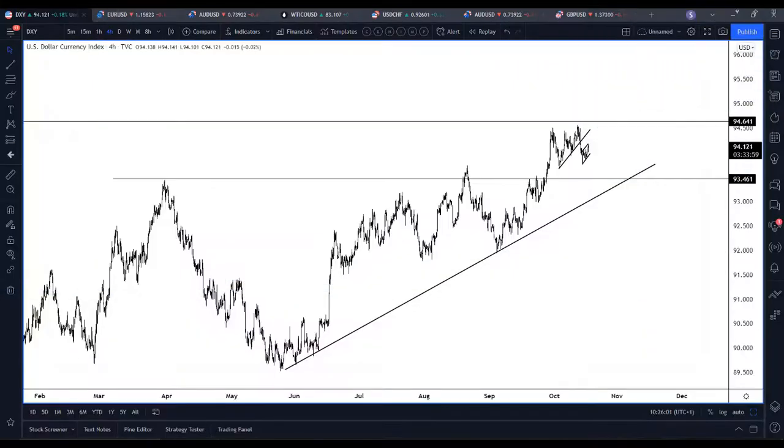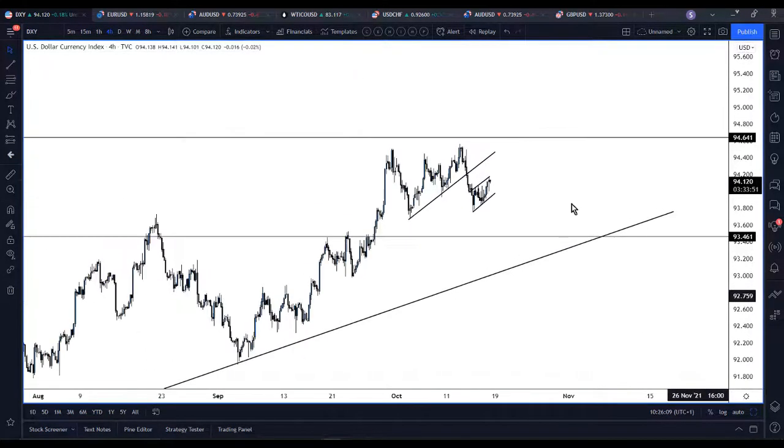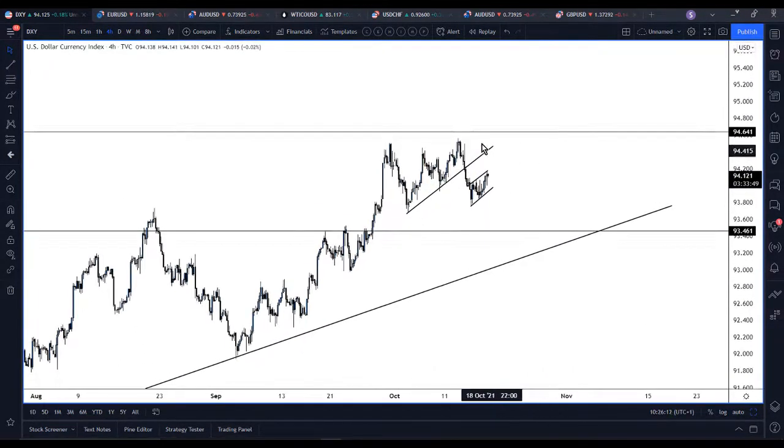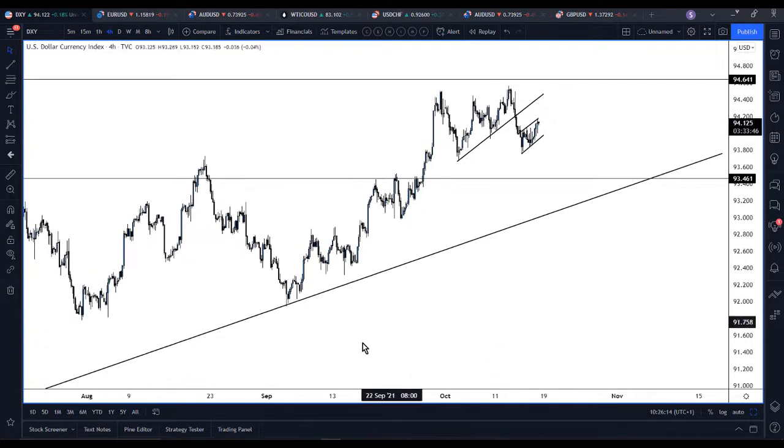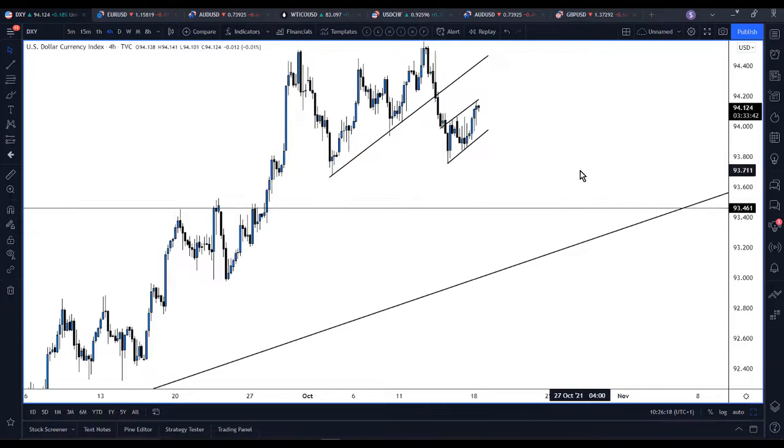What are we looking at potentially? Well, looking at some dollar weakness because the dollar index has broken out of this trend line basically with an impulse down. It looks to be forming a bearish flag pattern, which would traditionally break to the downside.